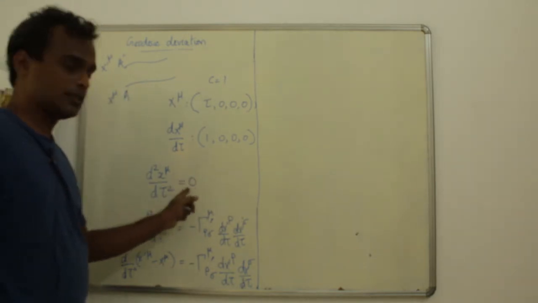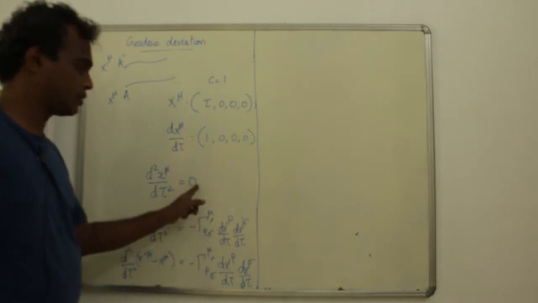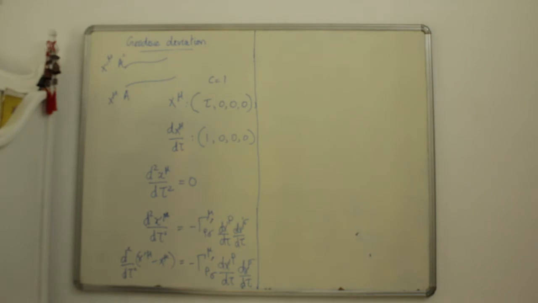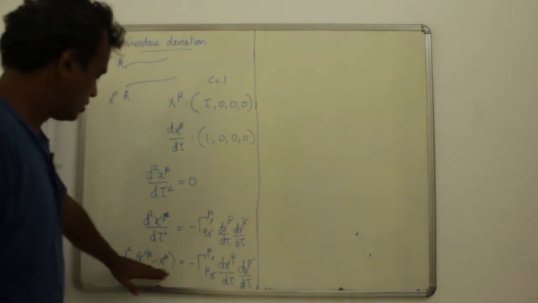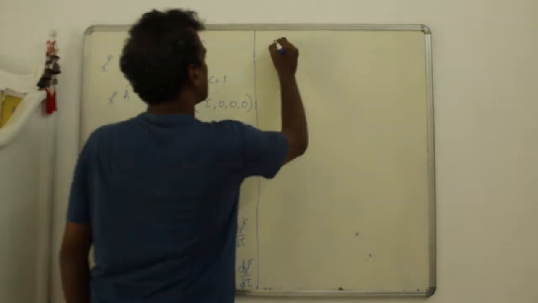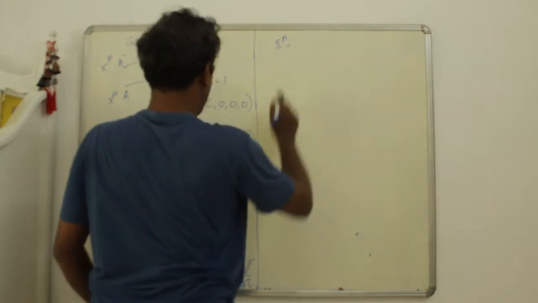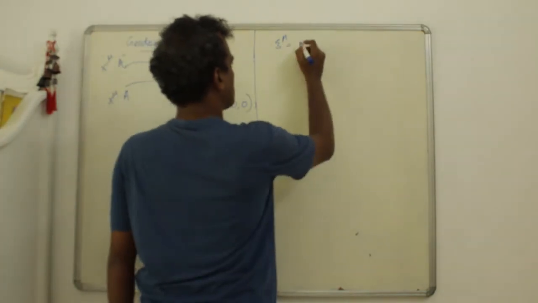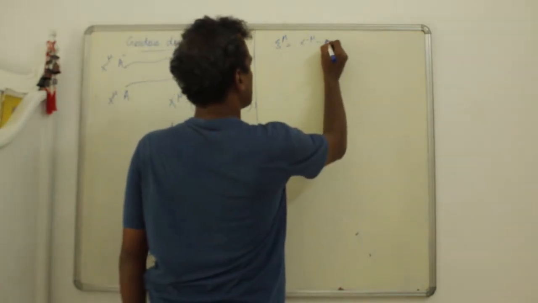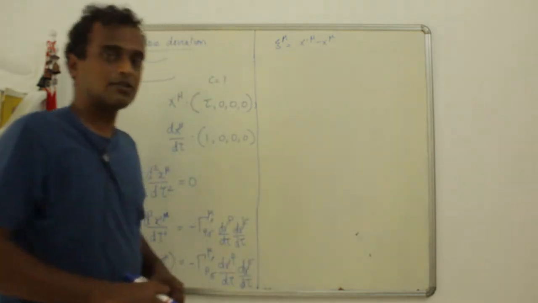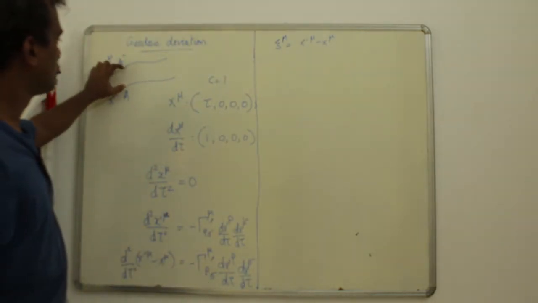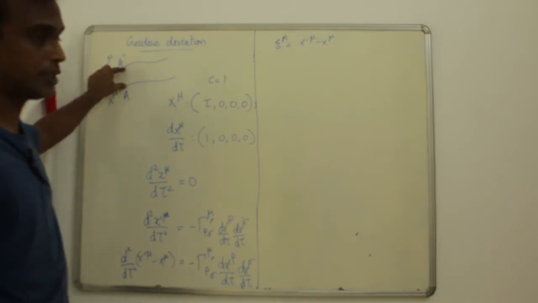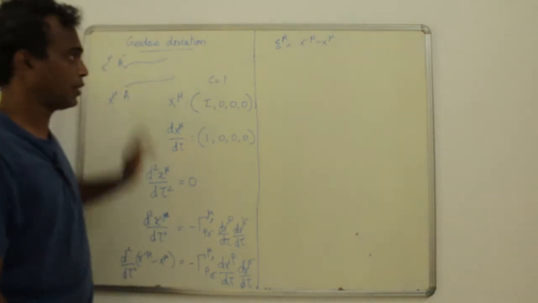That's why the geodesic equation has the right hand side equal to 0 at point A. Let us now define the difference between the coordinates x prime mu and x mu to be psi mu, which gives us the separation between these two trajectories at points A and A prime.